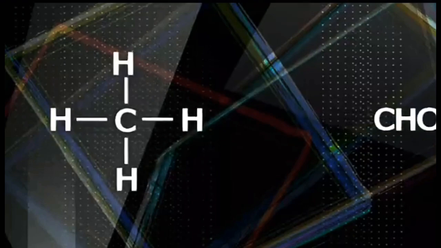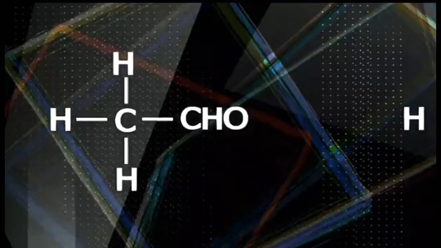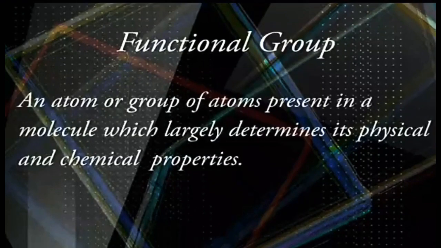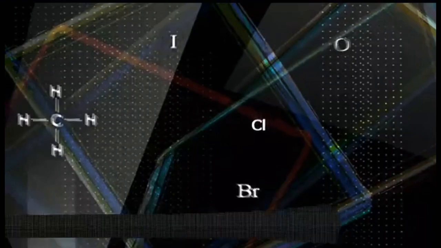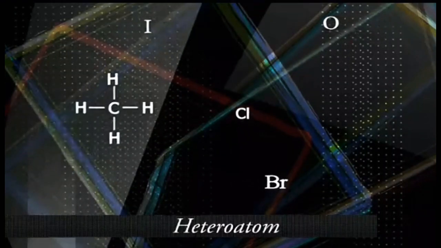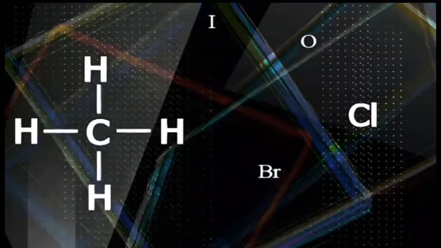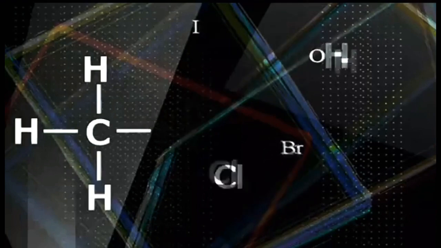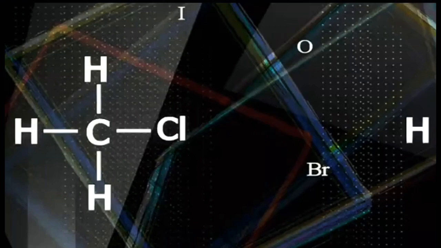Such atoms or groups of atoms are called functional groups. A functional group largely determines the physical and chemical properties of a molecule. The element replacing the hydrogen atom is referred to as a heteroatom. The hydrogen atoms are replaced in such a manner that the valency of carbon remains satisfied.